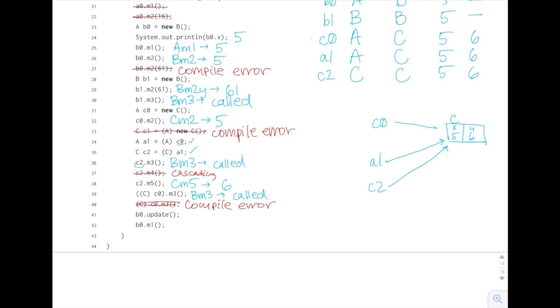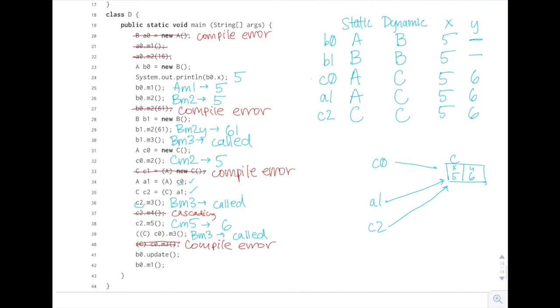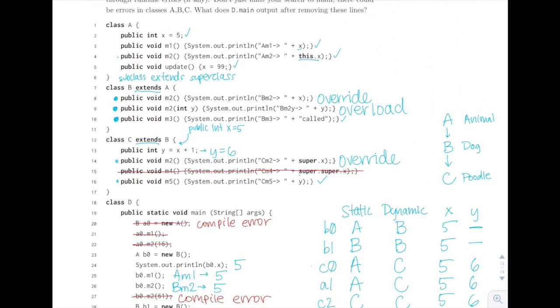Okay, and then finally, just 2 more lines left. B0.update. All this does is now we look, what is the static type of B0? It's an A. We look and find an update method in class A, and lo and behold, there is one. So everything's fine in the compile time.